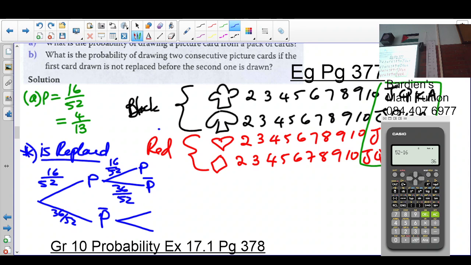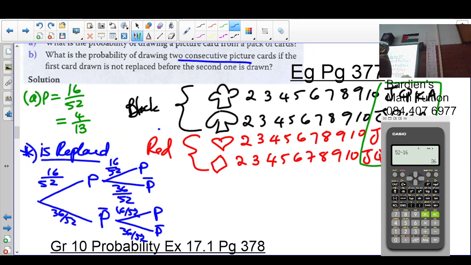Now, if you draw a non-picture card on your first draw, then what is your chance of drawing a picture card on your second draw? 16 out of 52. And non-picture, 36 out of 52.